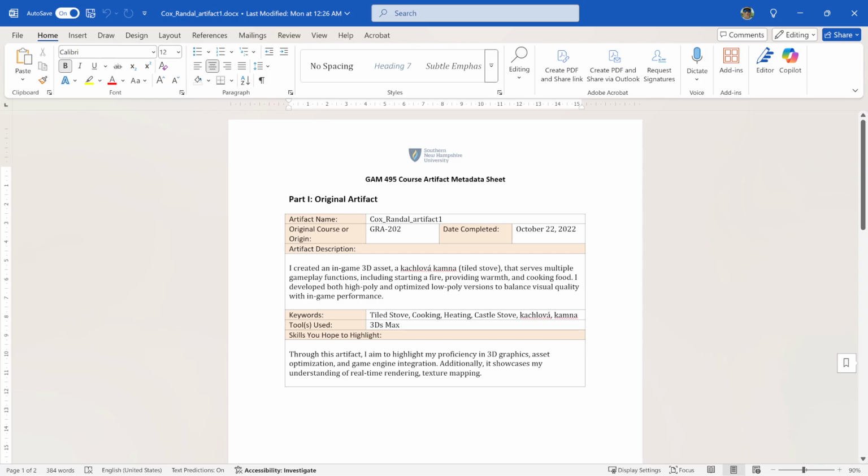This is a Kachlova kamna, or a tiled stove. They're found throughout Europe, particularly in Czech Republic, in old castles and what they call zameks, which is chateau or mansions of 600 years ago. They still make them today, very expensive, but I thought it would be a really neat thing to put into a castle scene.